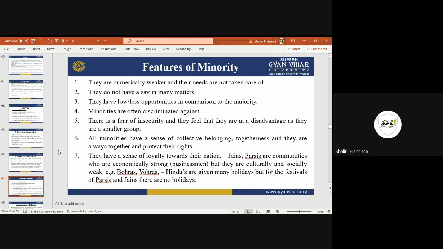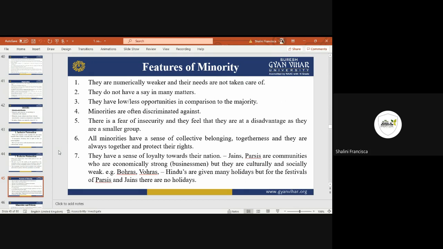There were huge protests all over the country, and you would have seen in the news of that time that mostly Muslim people were targeted. They came together and protested for their right, and that is now settled to some extent. They have a sense of loyalty towards their nation.